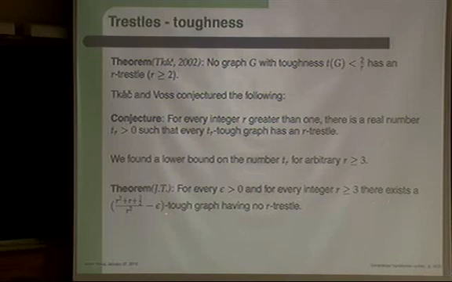When I proved it, I was quite surprised by this number, because what is interesting is that for arbitrary r, this is all the time greater than 1. So for arbitrary r you are able to find graphs which are more than 1 tough and have no R-trestle. So you can't go with the toughness below 1.